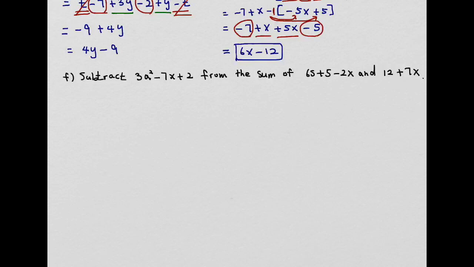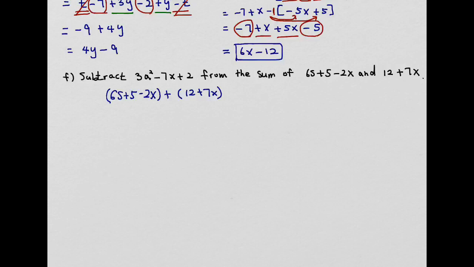So then you're going to write 6x plus 5 minus 2x sum. So you're going to add these two, right? Add from 12 plus 7x.